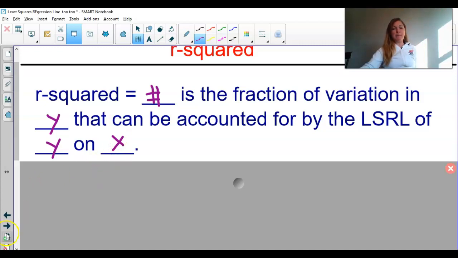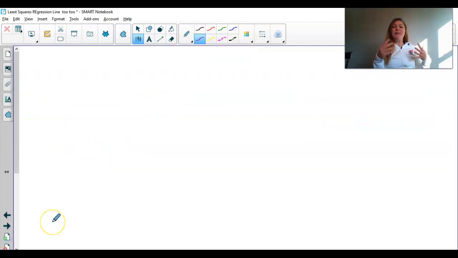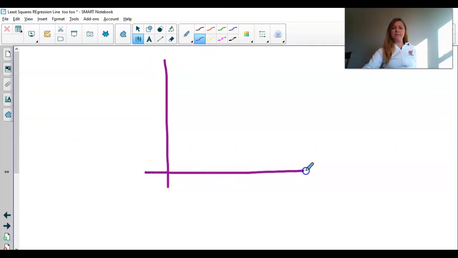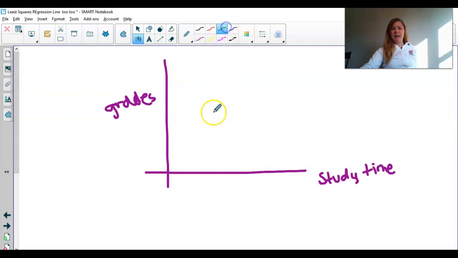Now, this confuses people sometimes, so there's an easy way I like to think about it. If I would draw an X and a Y axis, and I would put study time and grades on a test. I think most people could agree, not always, right?